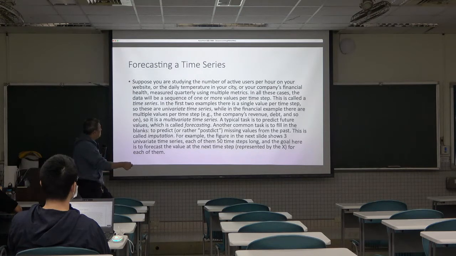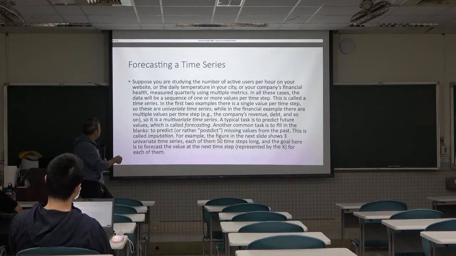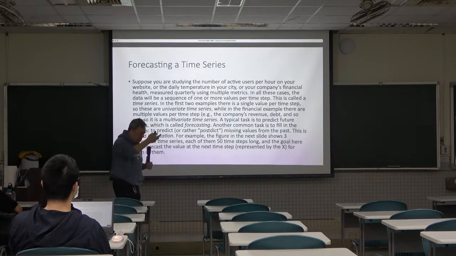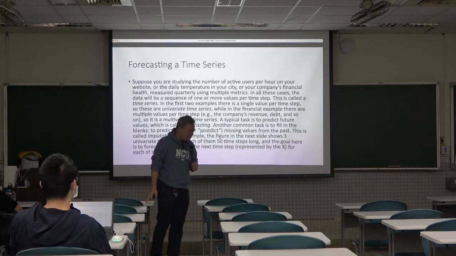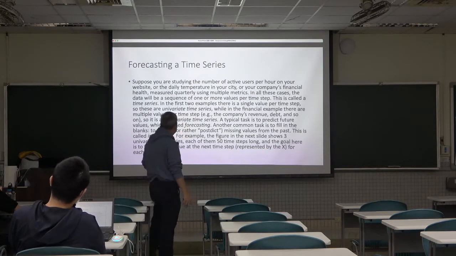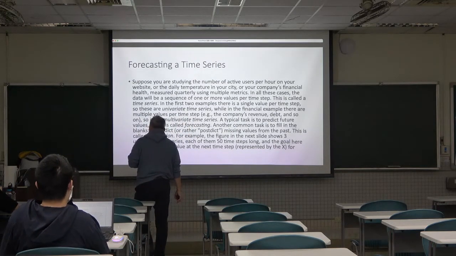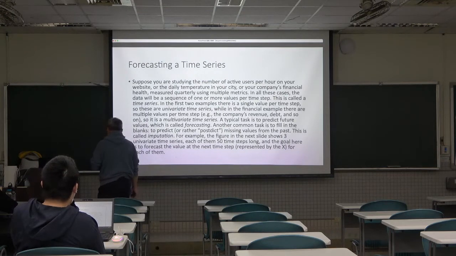In all these cases, the data will be a sequence of one or more values per time step. For the first two, each time step you have one value. For the last one, each time step you have multiple values.